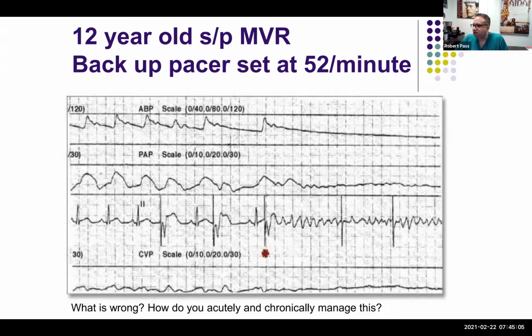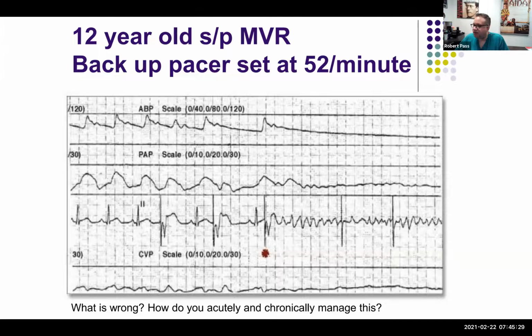Exactly. So the way you would acutely and chronically manage this is, of course, to adjust the sensitivity on this pacemaker and figure out why it is not sensing properly. And this, by the way, is one of the reasons why you have probably all noticed that when I'm on service, I often ask them to turn off these so-called backup pacemakers.